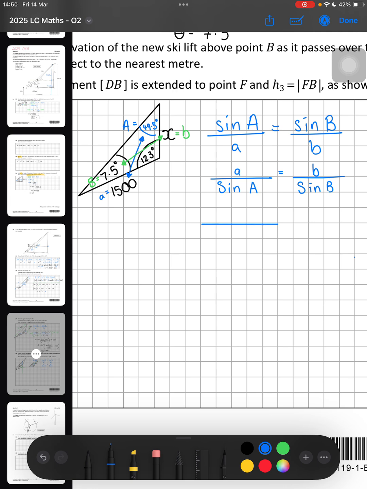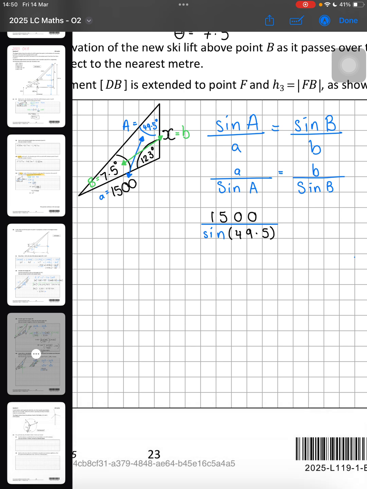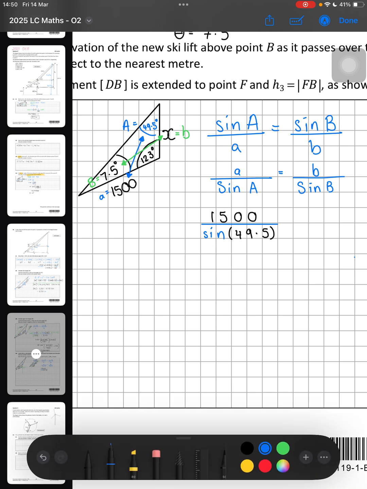Side small a was 1500 over sine of my angle capital A, which was 49.5, and that's equal to side small b, so X, over sine of capital B, which was 7.5.